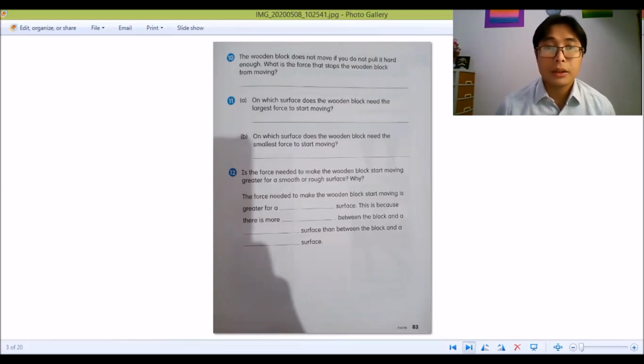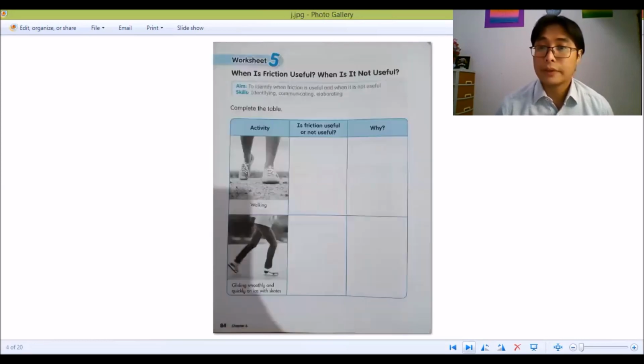Then on worksheet number 5, this one is easy. Just complete the table. So look at each activity and then answer the following question. Is friction useful or not useful in this situation? Do we need friction in this activity? Yes or no?